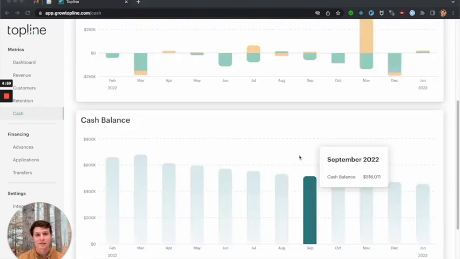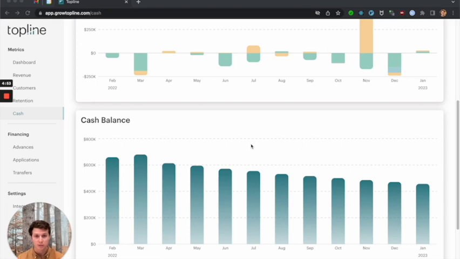The last thing I want to talk about is how Topline can help you with the financing of your business. We don't just want to help you understand what your journey looks like as a founder from a revenue perspective, but we actually want to affect what you're able to do with that capital.